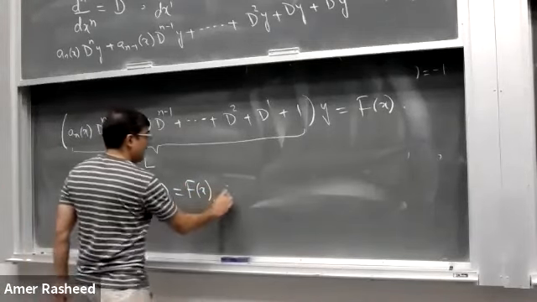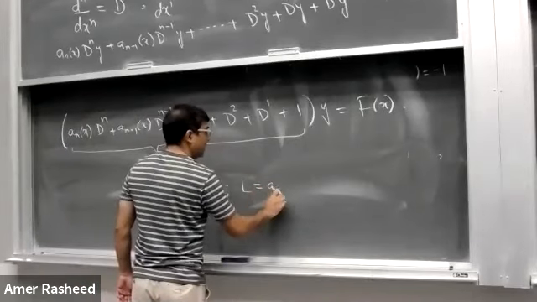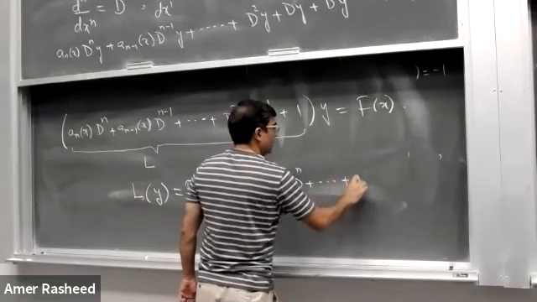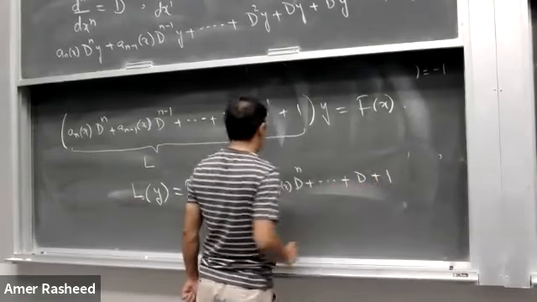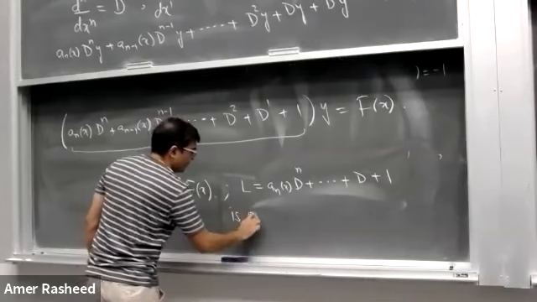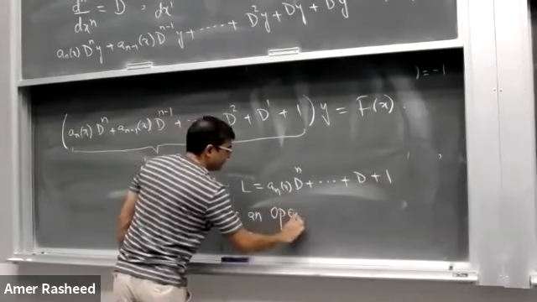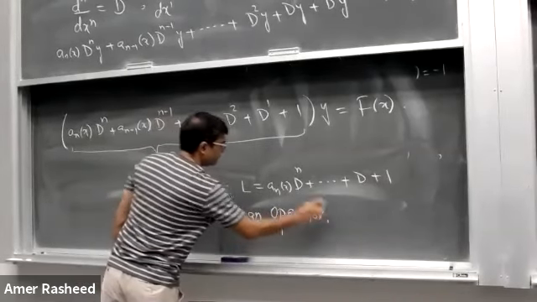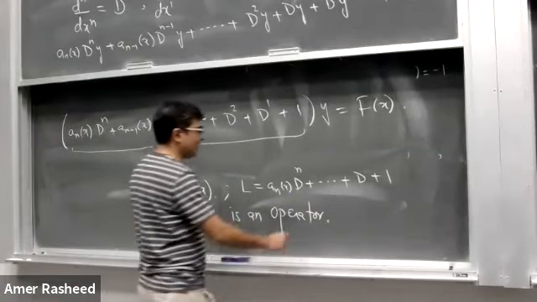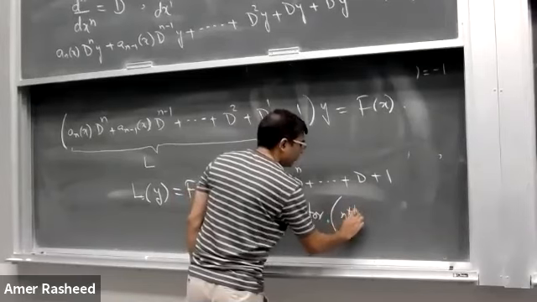With L being an of x dn plus so on plus d plus 1. This is called an operator. Okay, and it is nth order linear operator.